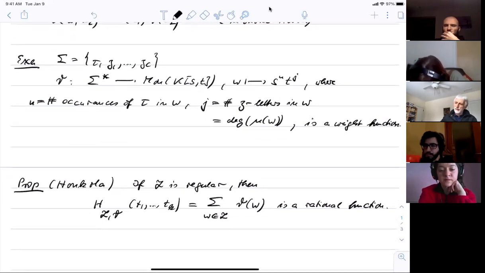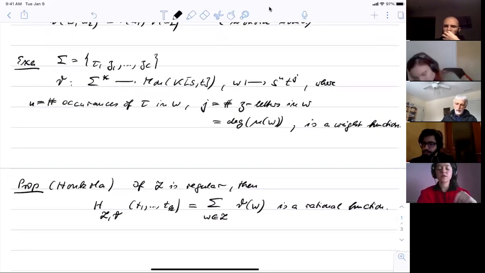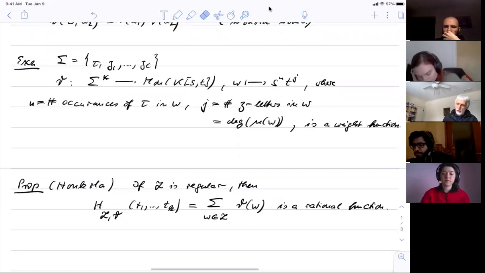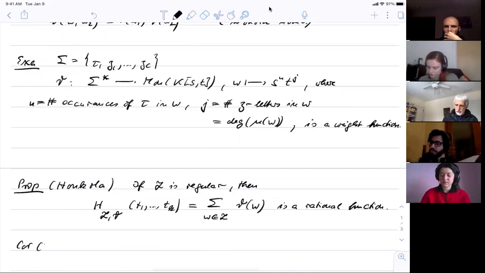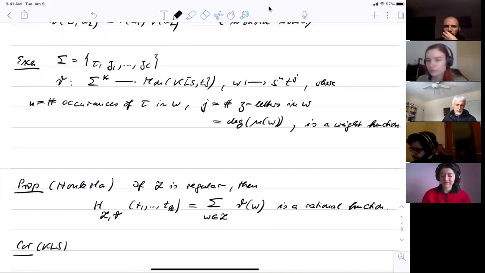And indeed, we can connect this now to our goal. This has actually been made explicit in the paper by Krone, Leykin, and Snowden I mentioned yesterday.